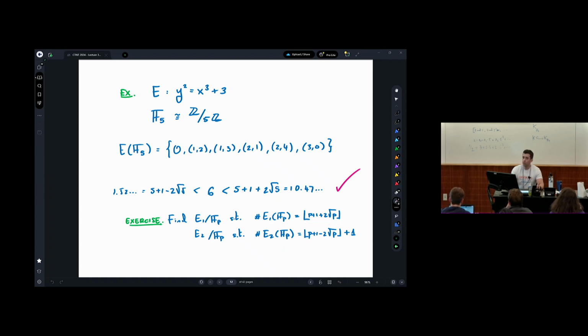And if you want a real challenge, find an elliptic curve that at one prime is minimal and at another prime is maximal. Not for the same prime, but for different primes, you can have very few points, and for another prime, a lot of points. Yes?